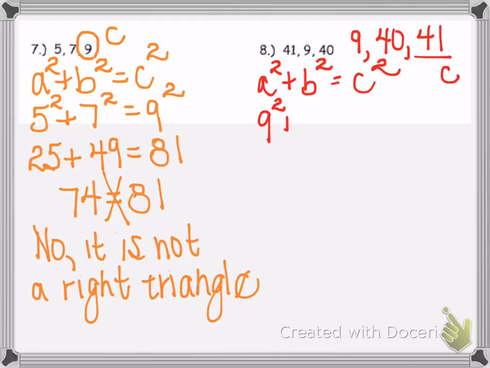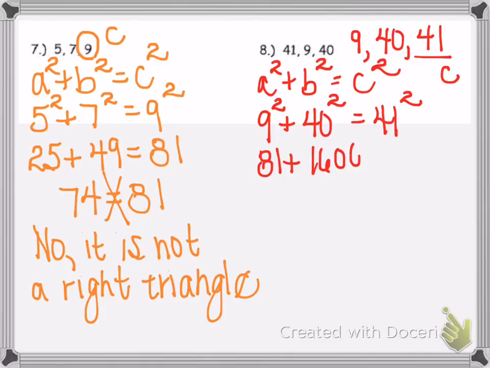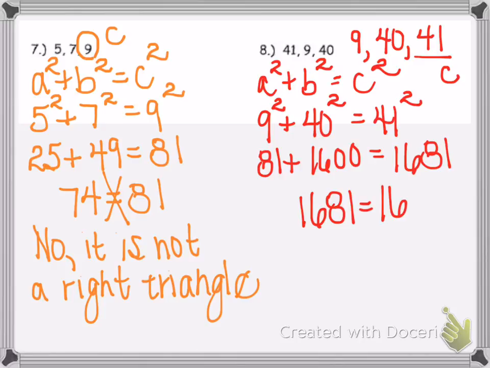I'm going to take 9 squared plus 40 squared and set that equal to 41 squared. 9 squared being 81, 40 squared being 1,600, and 41 squared being 1,681. When I combine these, I do get a true statement. 1,681 does equal itself. Therefore, I know that yes, this is a right triangle.